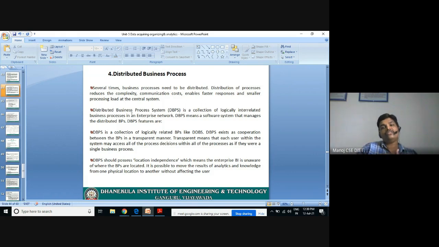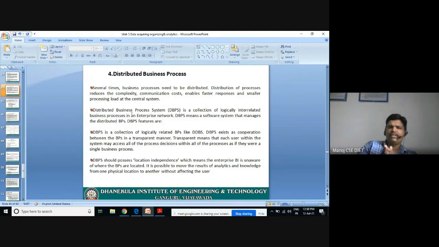Everything can be visualized with the help of this DBPS. DBPS, the acronym here, is Distributed Business Process System. The system means it is software. It consists of multiple business processes, which work for our enterprise or network. This DBPS manages all those multiple business processes.